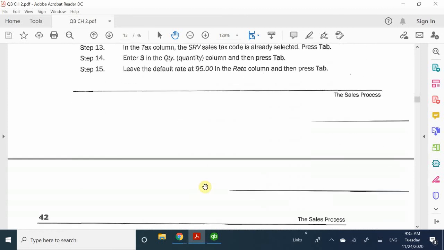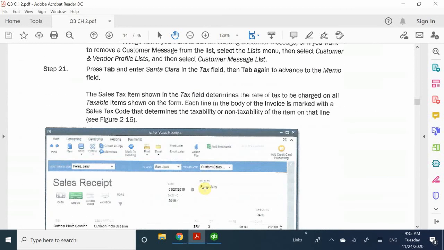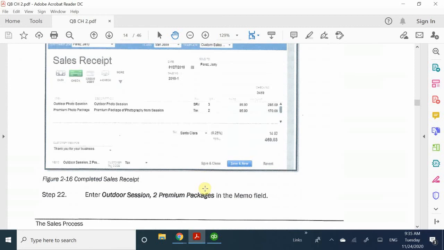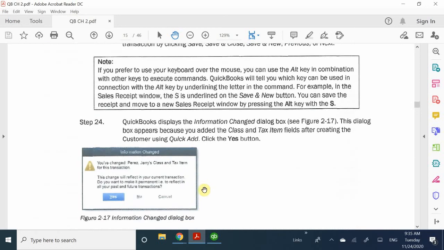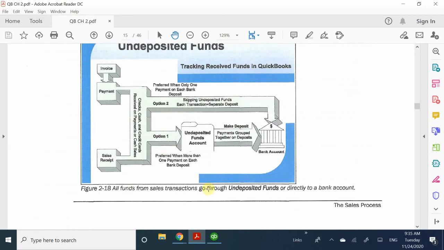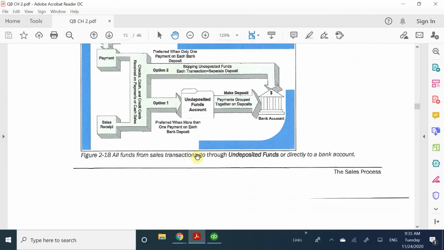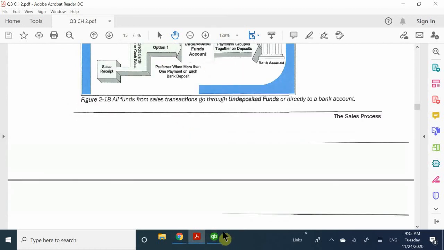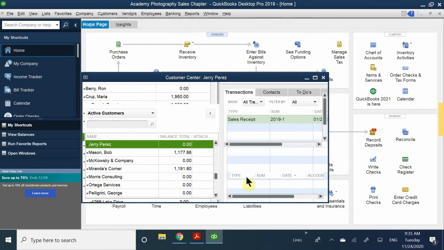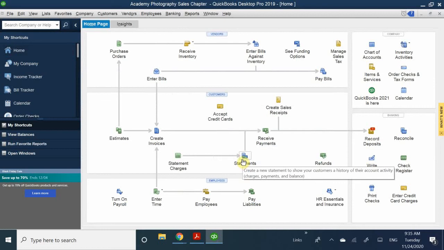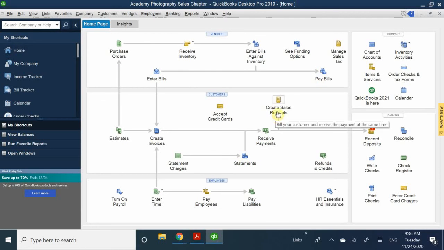Okay. So now that we've created a sales receipt for Mr. Jerry Perez, we recognize that he paid us. So again, we'll talk about where the money goes afterwards. Here the book tells you about the undeposited funds. Now, if I look at my QuickBooks and go to my home page and follow my line of transactions, since I've entered a sales receipt and automatically received the cash, that check is still in my hands.